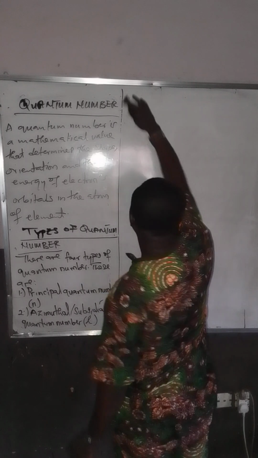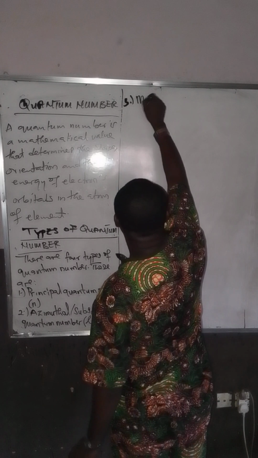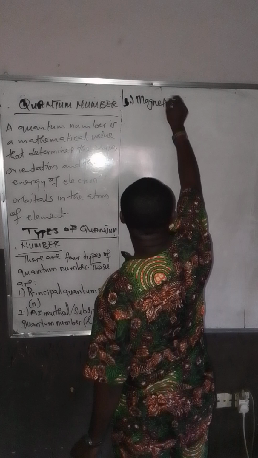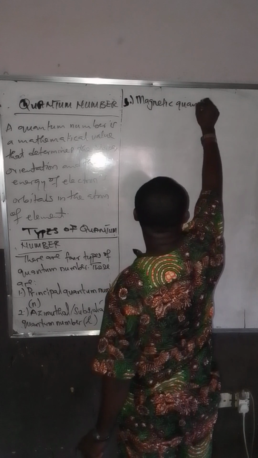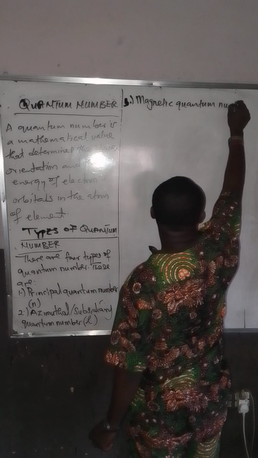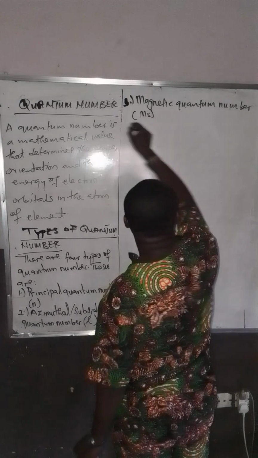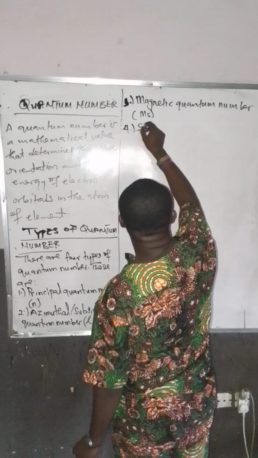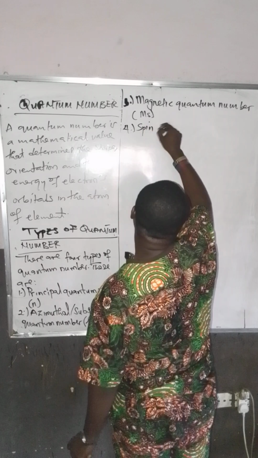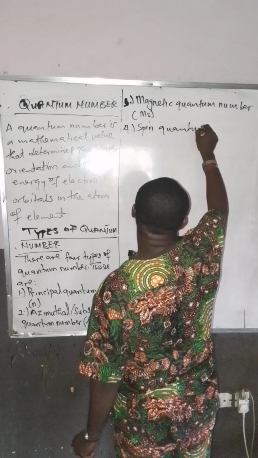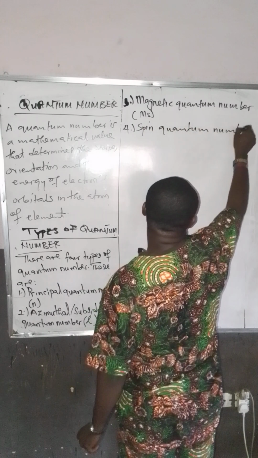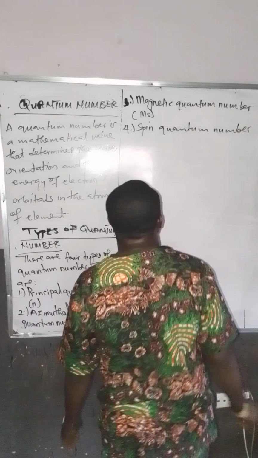Number 3 is the magnetic quantum number, which is denoted by m. And lastly, we have the spin quantum number, or you call it spin.